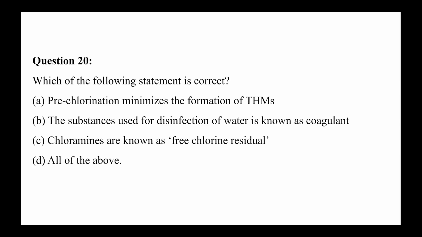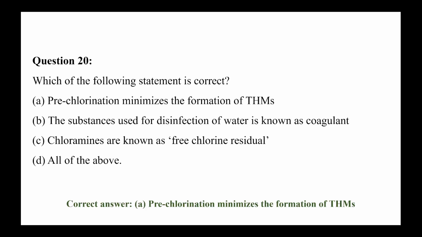Okay, the correct answer is option A. Pre-chlorination minimizes the formation of THMs. So I explained what pre and post chlorination is in the beginning of the session. Pre-chlorination means we do the chlorination at the beginning and then do the rest of the water treatment steps.